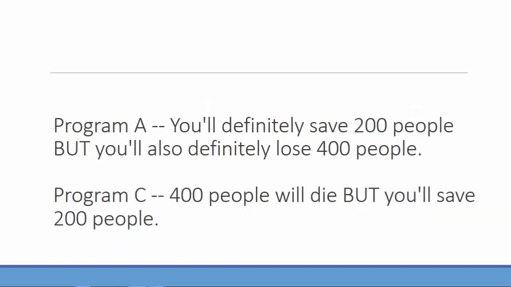The focus in A was the gain, 200 people will be saved. While in C, the focus was the loss, 400 people will be lost. If 200 people will be saved out of 600, it means 400 will be lost. If 400 will be lost, it means that 200 will be saved. So Program A and Program C offered the same results.